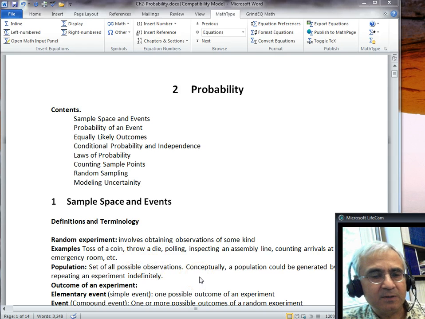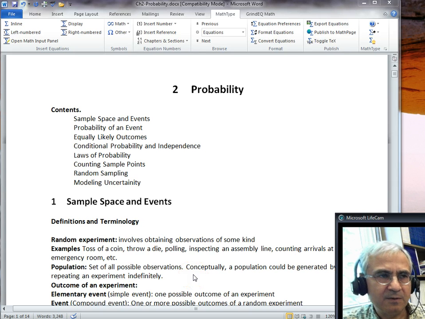Okay, so that's a random experiment. That's where you start. Now we have another concept, the population. We've seen this in data analysis, so it has a similar meaning here. It's the set of all possible observations. Basically, if you repeat the experiment indefinitely, all these possible observations you can observe would be the population.